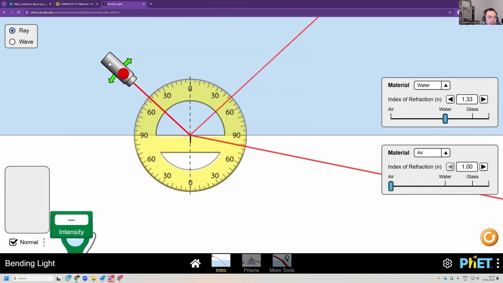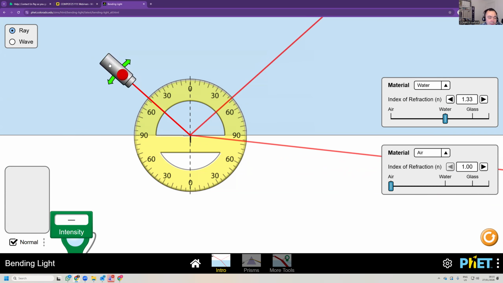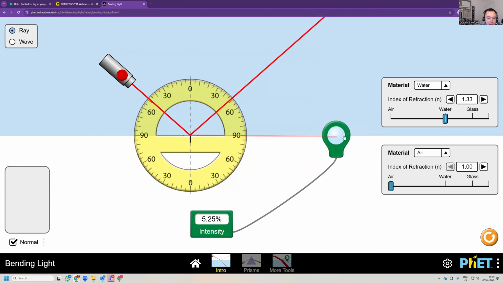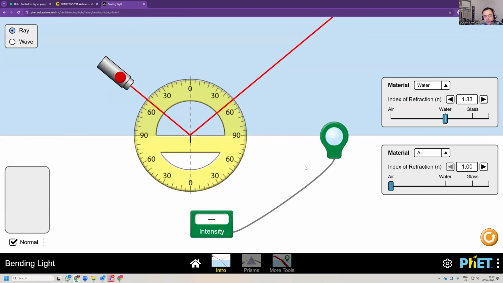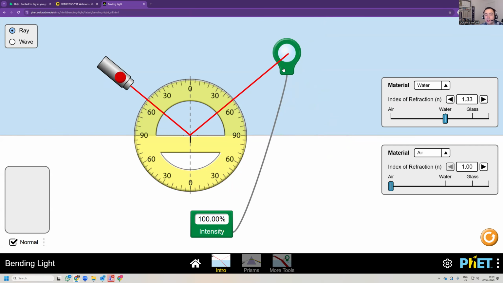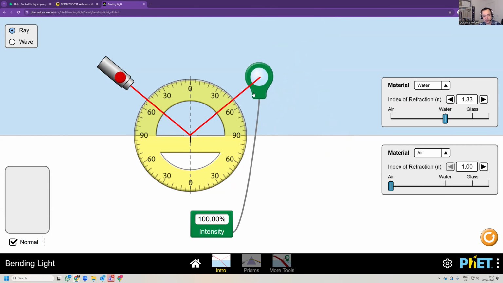I keep increasing I, and then at some point, R just vanishes. It goes along the boundary, so only 5%, and then if I keep increasing, nothing. And you can see that 100% of light is reflected.